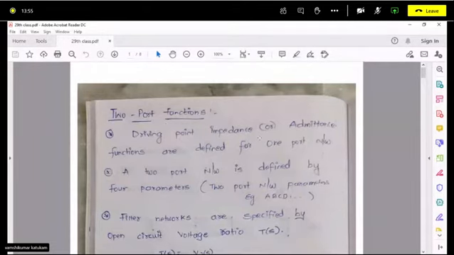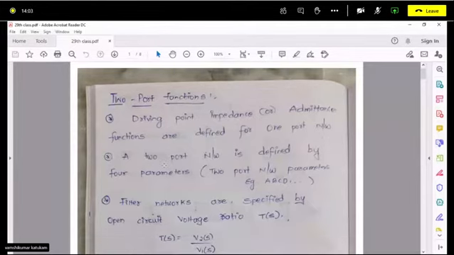Now, two-port functions. For a two-port network, what we have studied is that a two-port network is defined by four parameters. We have studied six sets, six types of parameters, but in each set we have four parameters.